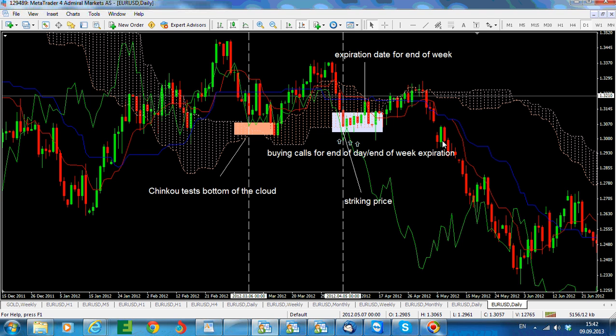So looking for possible places for engaging in buying calls, you should always take into consideration the Chinko, not looking when the actual price is hitting the bottom, but when the Chinko is hitting the bottom of the cloud.